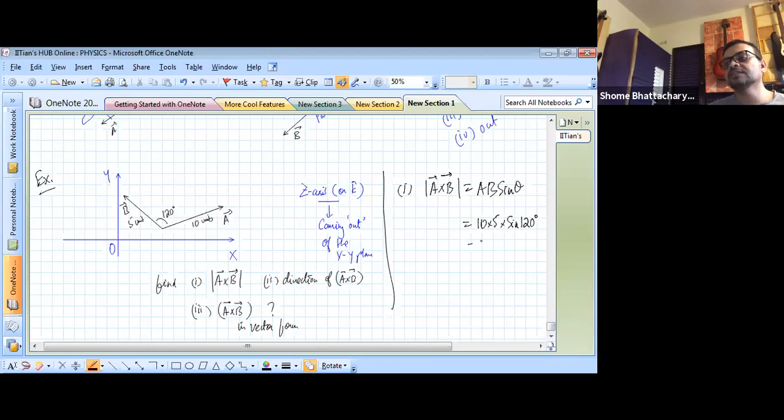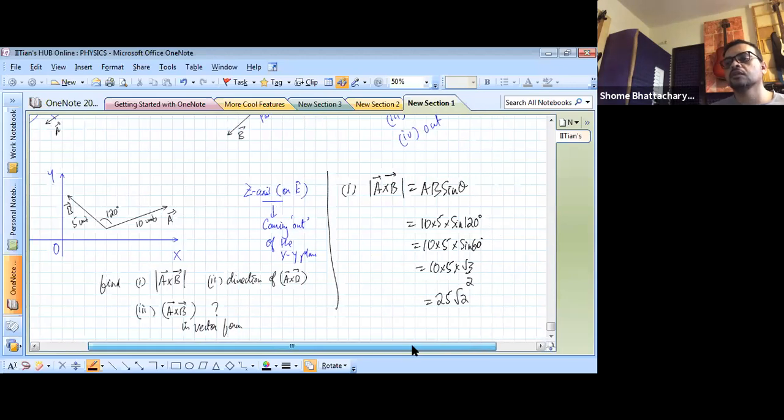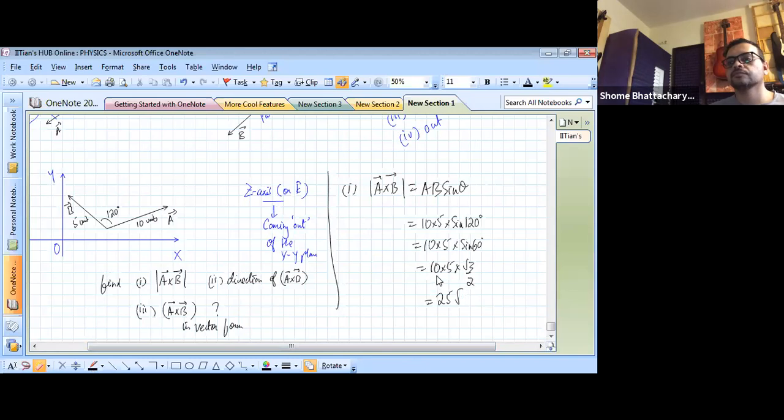Now sine 120 is the same thing as sine 60. Okay. So that is nothing but root 3 by 2. So this becomes 25 root 3 square units. This becomes my magnitude of E cross B.